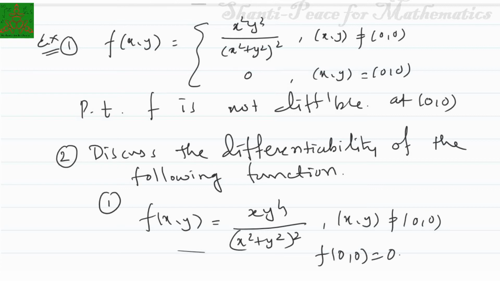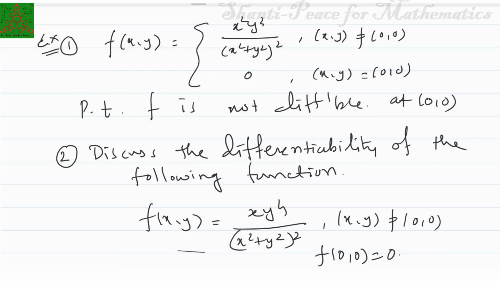With these two examples, let us recall what we did in this video. We have discussed the differentiability of functions of two variables. We defined it in two ways, one of them a sufficient and necessary condition with the help of a limit. We have seen two very important theorems.